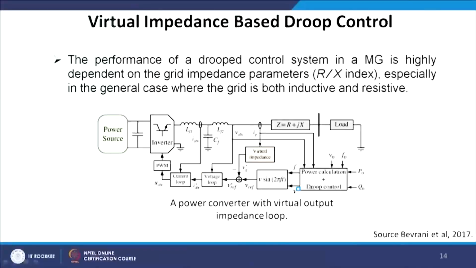So, now concentrate on virtual impedance based droop control. The performance of a droop control system in a microgrid is highly dependent on the grid impedance parameters, that is the R by X index, especially in the general case where the grid is both inductive and resistive.